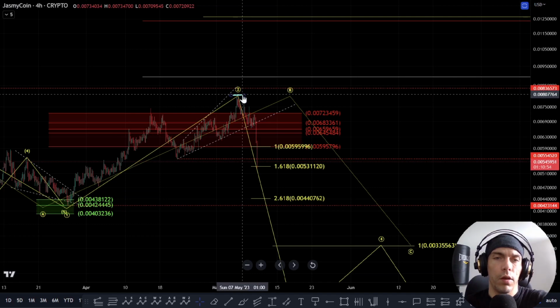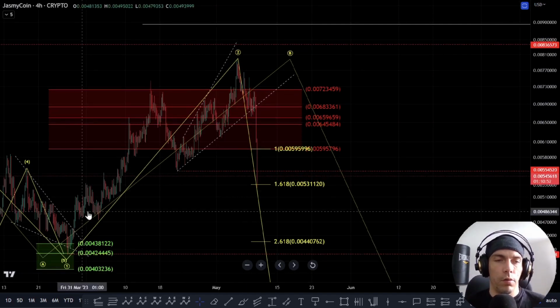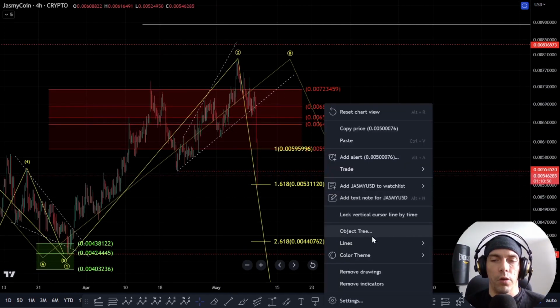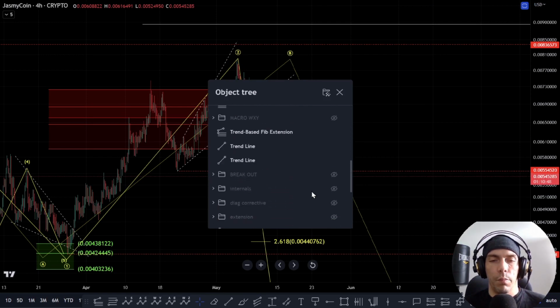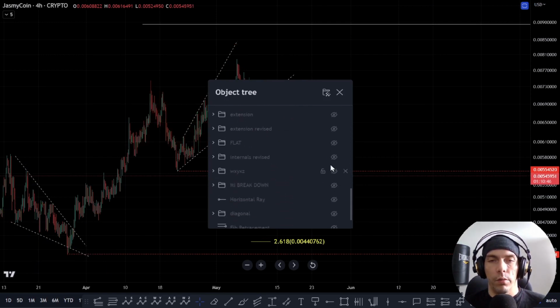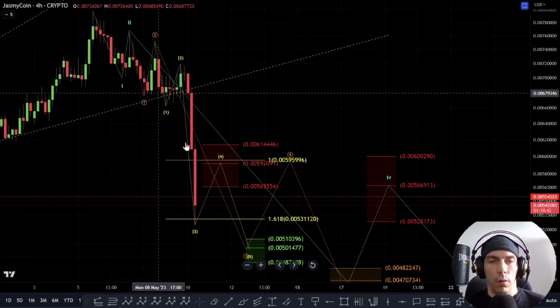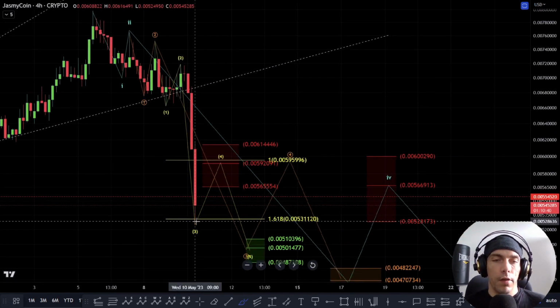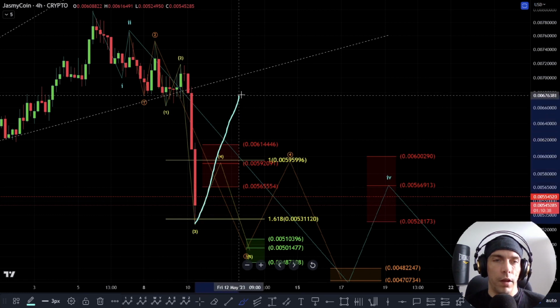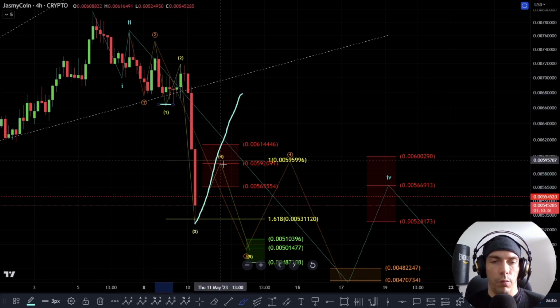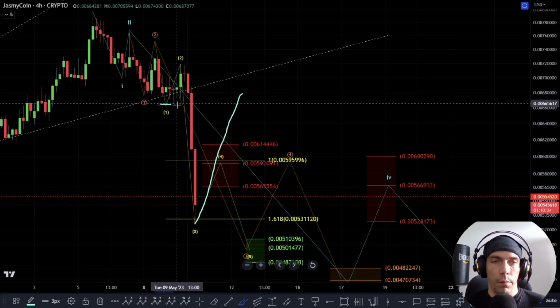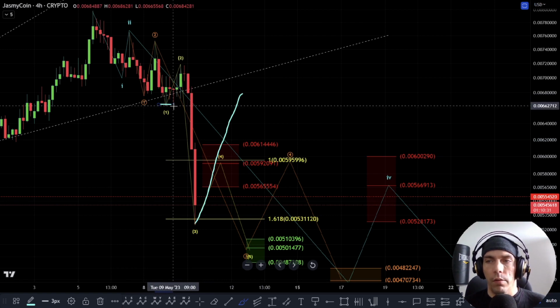So primarily I'm still looking for the idea that we could look to find support here and look to break up, but we're going to have to get back above some of those key levels that we were looking at within here. What we'd want to see here, if this is a completed corrective structure, is either for this to basically come back up and invalidate this wave 4 and 5, which would be by crossing this area here of the 662712.